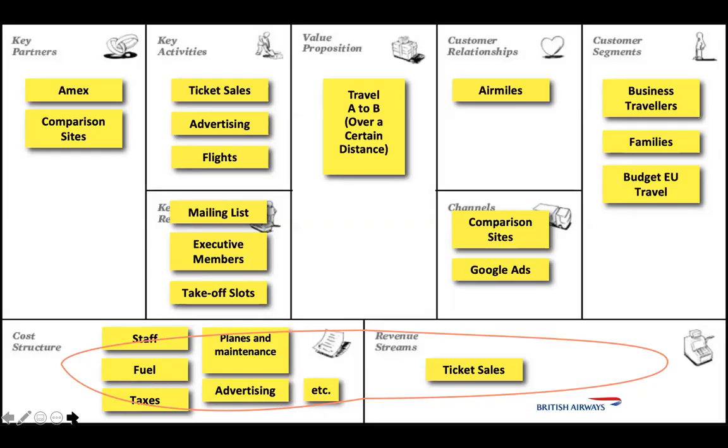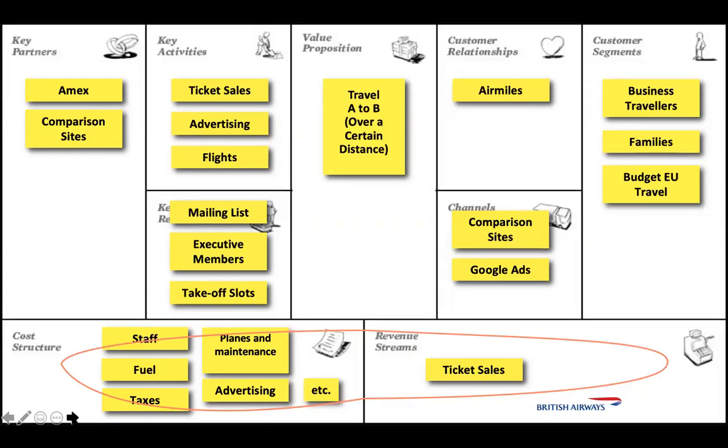And perhaps there's a way to change the cost structure so that it is relative to the revenue streams. So if I only have to pay for my biggest assets when I know I have revenue coming in, I basically solve my problem. So how could I do this?